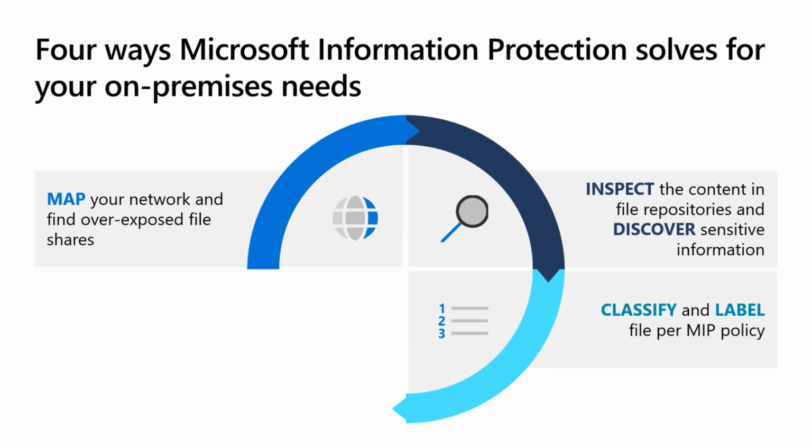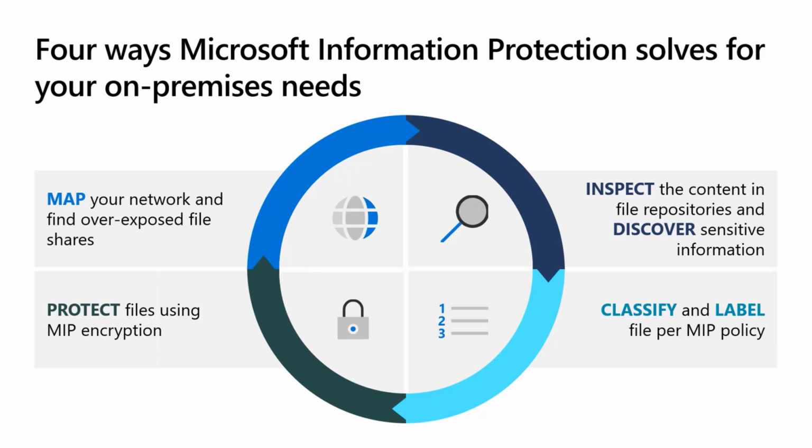The next step is classification and labeling, and usually it comes along with the fourth step, which is protection per MIP policy. Once you're confident with your scan, you know what Scanner did, you reviewed what labels would have been applied if you ran in enforcement mode, you can go and tell Scanner, okay, now switch and enforce my labels and protection on existing data.